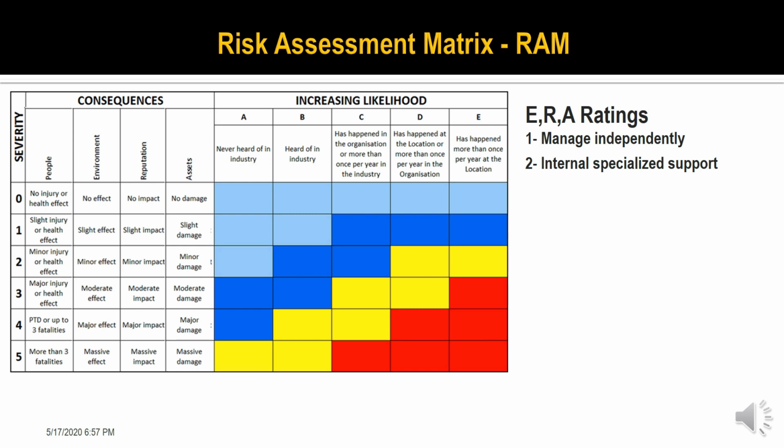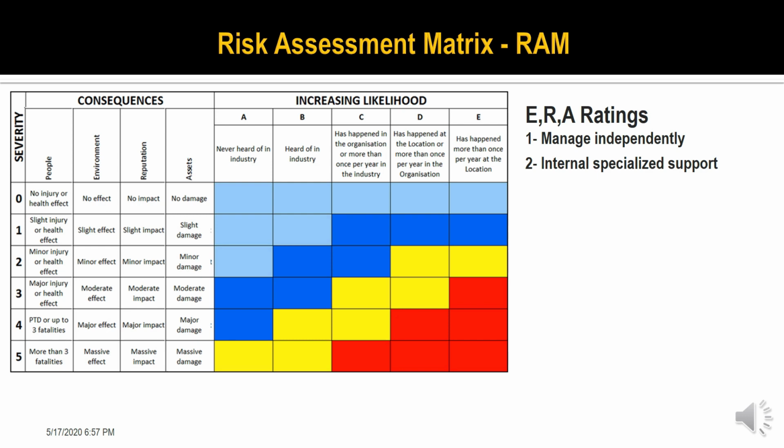Say as an example, if you hurt your finger and the injury is very small, you can attend to it by yourself. That is managing independently. With internal specialist support, the severity is a little bit more, and you ask the first aid team to come. That is internal support. Say you lost your wallet. If you have a little money in a different place, you can manage it independently. If you don't have any money left, you have to ask somebody else. That is level 2.